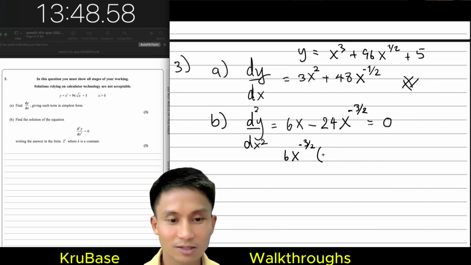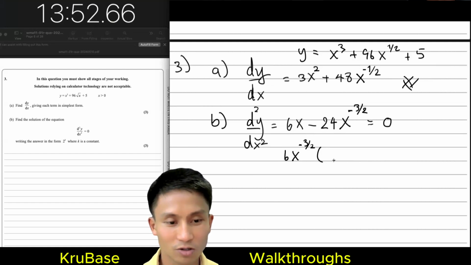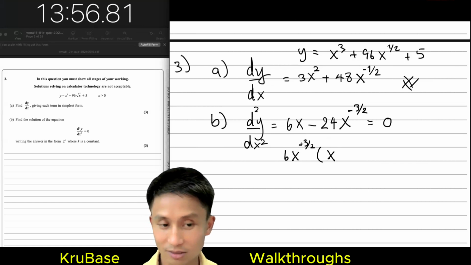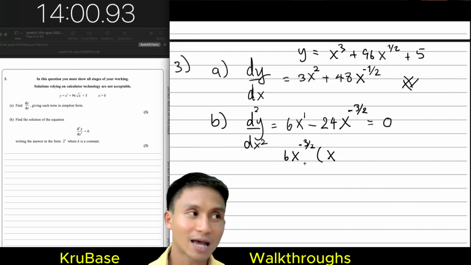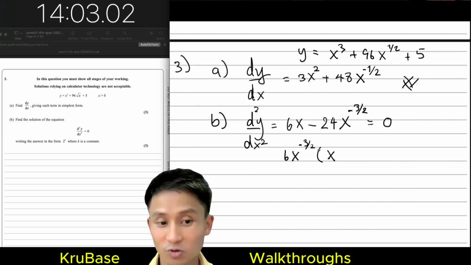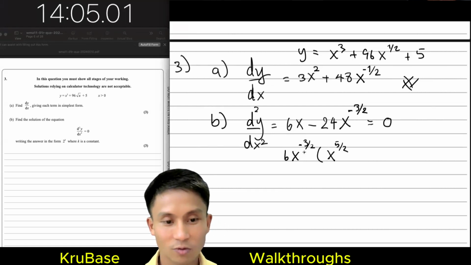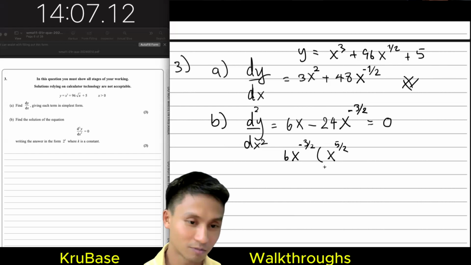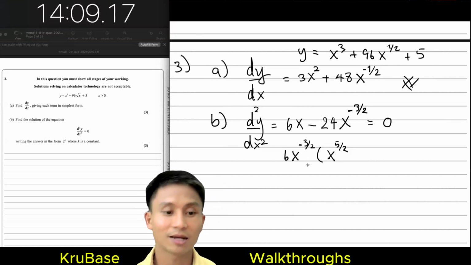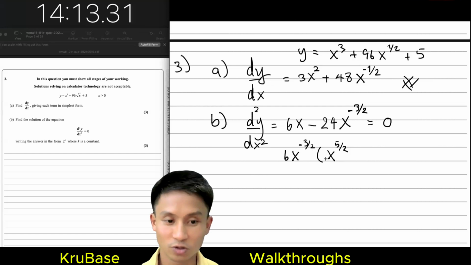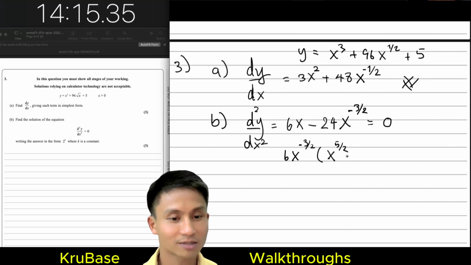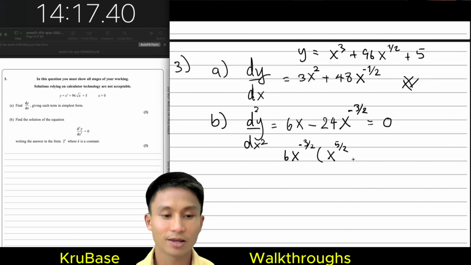So the first term here, 6 goes away, but I'm going to have to think of what to put here as a power of x, so that when you multiply the x to the minus 3 over 2 back in, you get 1. And that has to be 5 over 2, right? Because when you expand that, you're going to get the powers adding up. So you get 2 over 2, so that becomes 1, right?